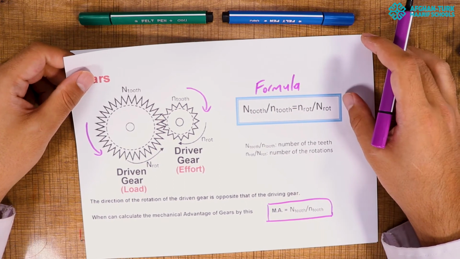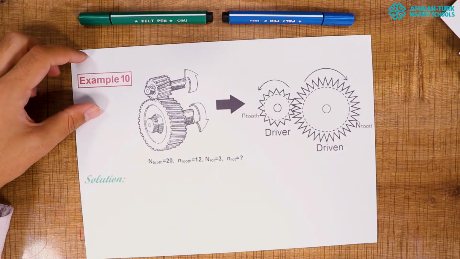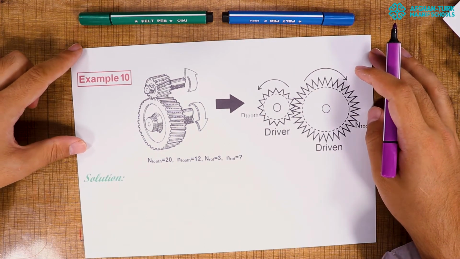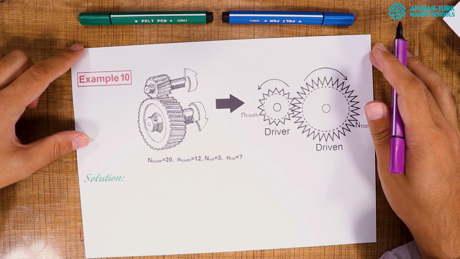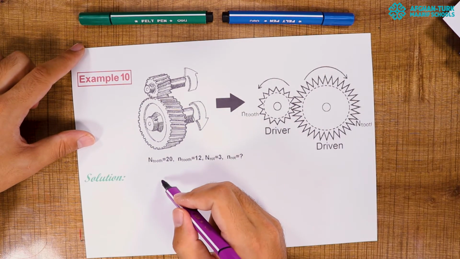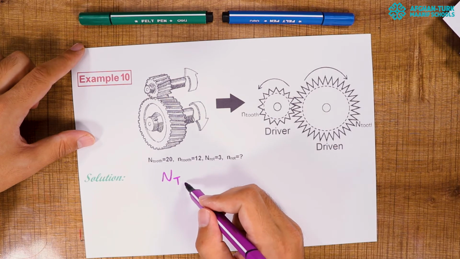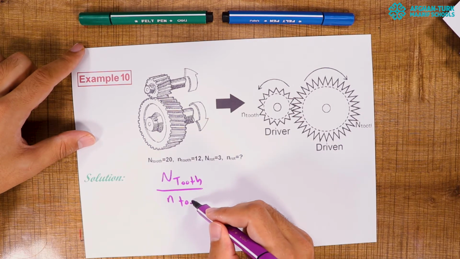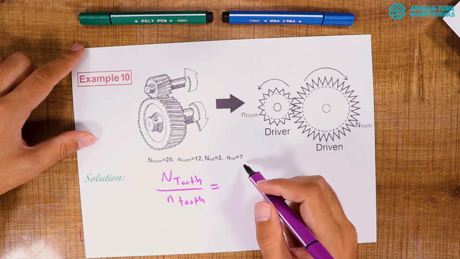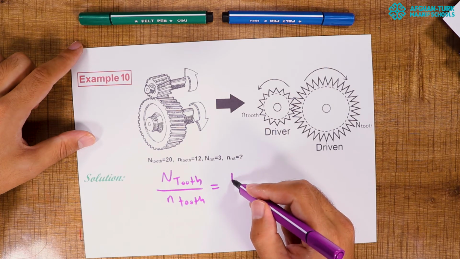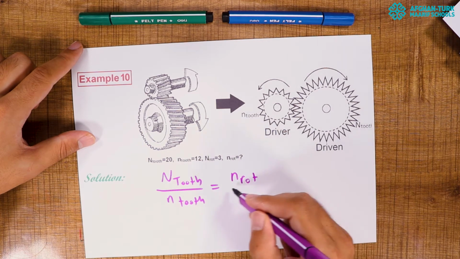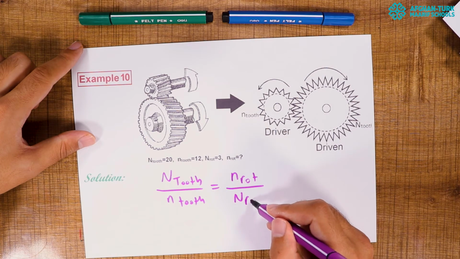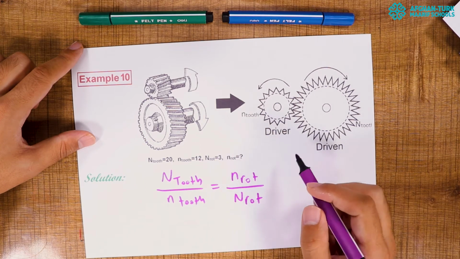So let's look at the example. You see, we have two gears here, the smaller one and the bigger one. So the formula was big N divided by small n, which is equal to the number of teeth of the smaller driver gear divided by that of the bigger gear.